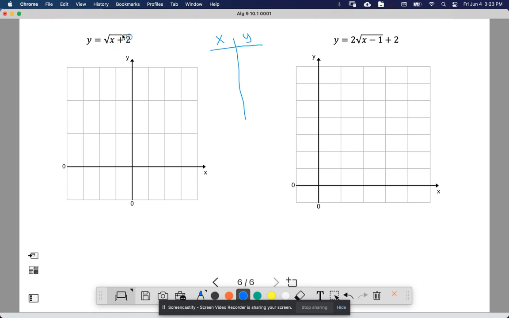So what's the lowest number that will work? The lowest number that will work in this is -2, then -1, then our 0, and then we can count up from there. So if I put a -2 in there, we get an answer of 0. If I put a -1, that's 1.